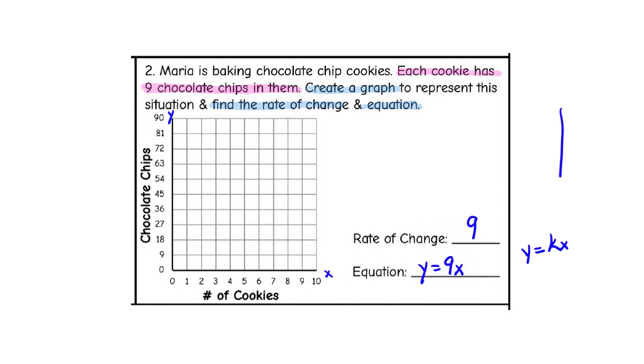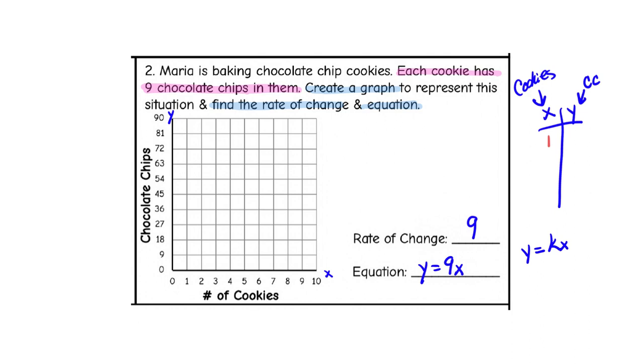I can even go ahead and create a table. I'm going to call the columns x and y here. I know my x is cookies and my y is chocolate chips. So if I had 1 cookie, how many chocolate chips? Let's figure this out.